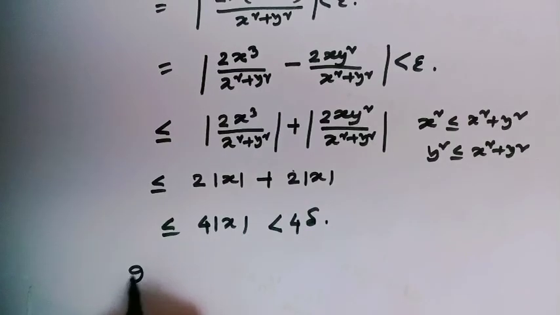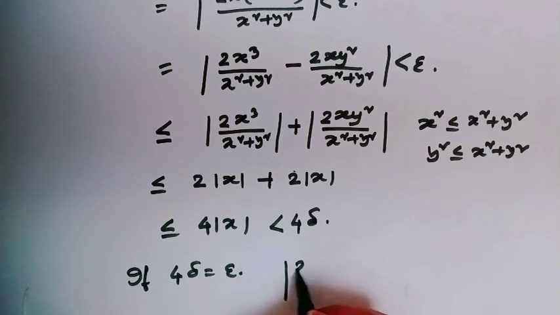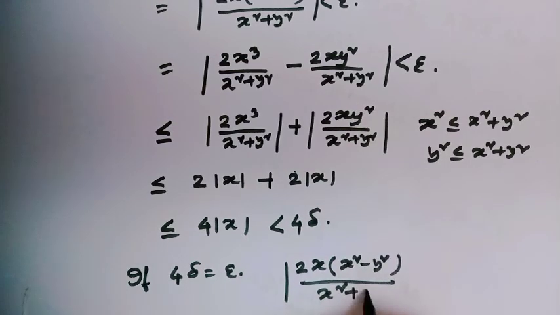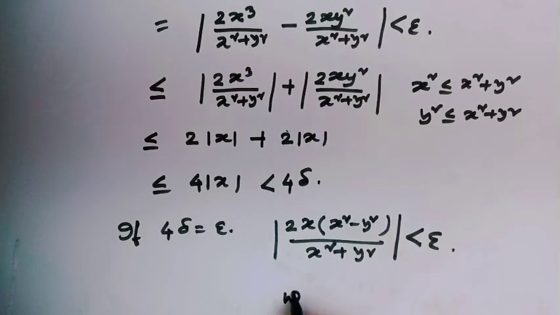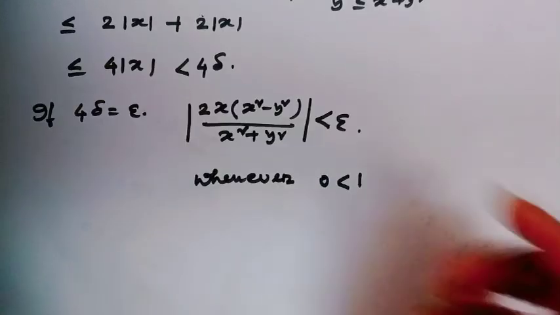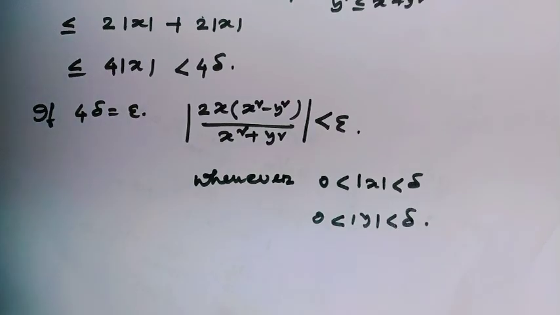If I take 4 delta equal to epsilon, then 2x times (x square minus y square) over x square plus y square will be less than epsilon whenever mod x is less than delta and 0 less than mod y less than delta.